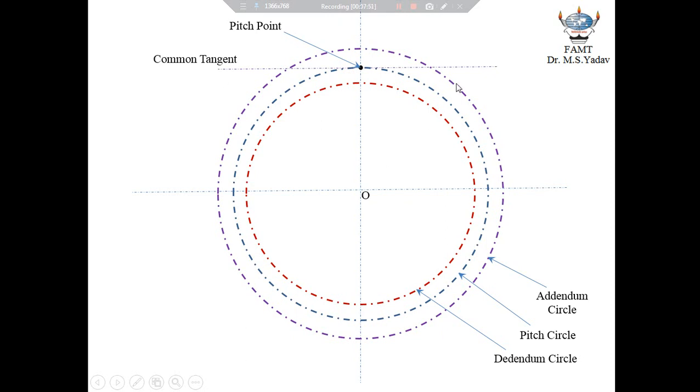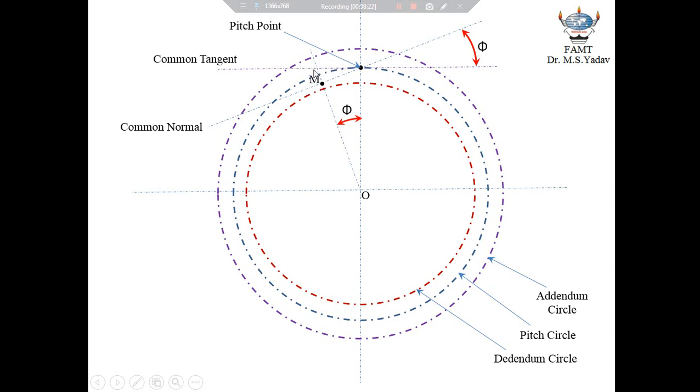Now let's draw a line at an angle equal to pressure angle like this, and this one is the common normal at the point of contact. With same pressure angle, draw an inclined line to the vertical axis like this. Intersection of this line and the common normal will give us point M. This point is the point of tangency.